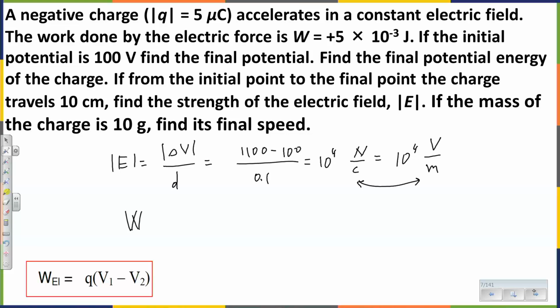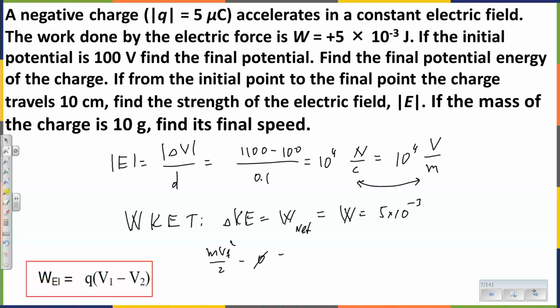We can apply the work-kinetic energy theorem. The work-kinetic energy theorem tells us that the change in the kinetic energy should be equal to the net work. In this situation, the only work is this work, which is 5 times 10 to the negative third, and the kinetic energy final minus kinetic energy initial should be equal to that number.